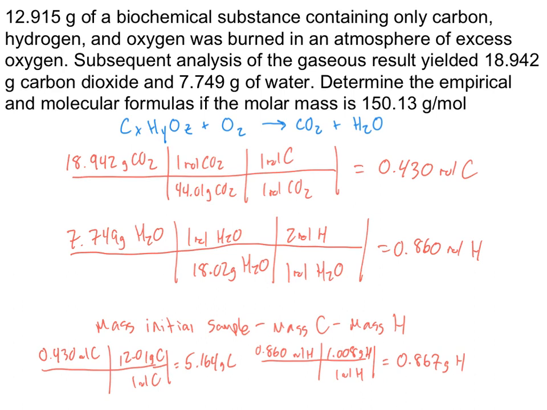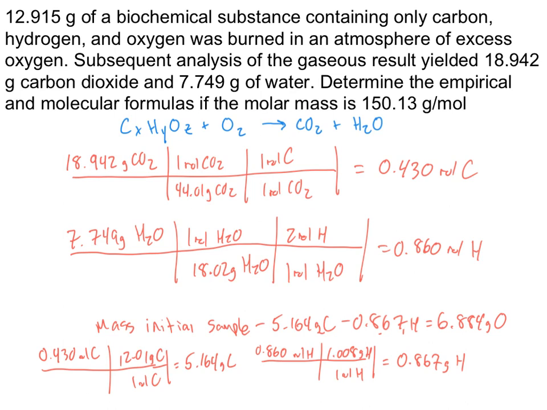We can now use those numbers to find our mass of oxygen. We simply put them in for our mass of carbon and hydrogen up here. And so minus 5.164 grams of carbon, minus 0.867 grams of hydrogen, gives us a total amount of oxygen of 6.884 grams of oxygen.